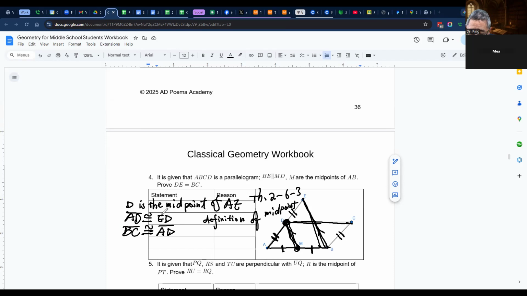Okay, this is congruent to that because it's a parallelogram. So one of the theorems parallelograms tell us, and we can always go back to the textbook and find where that is, is that ABCD is a parallelogram.